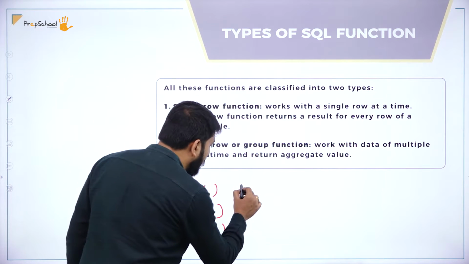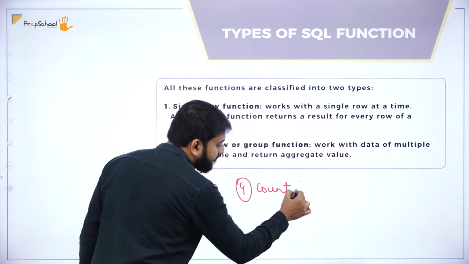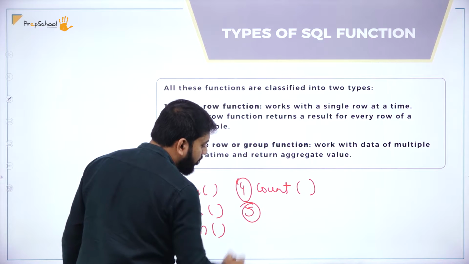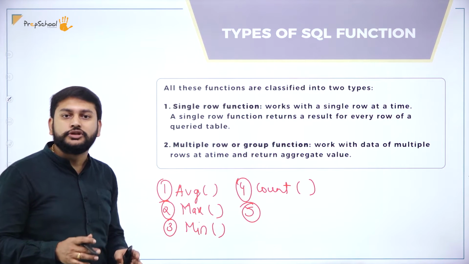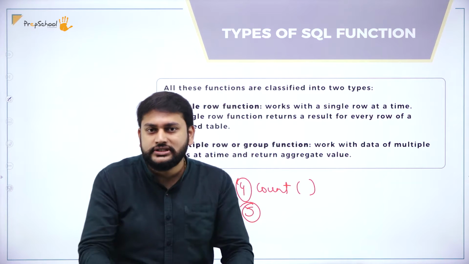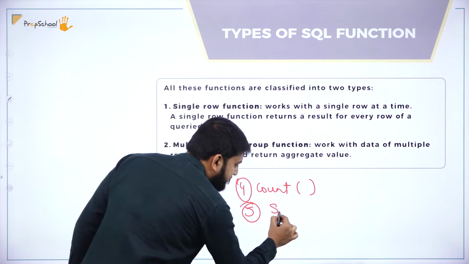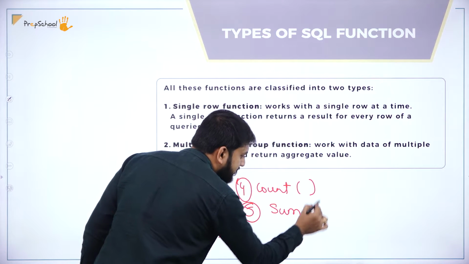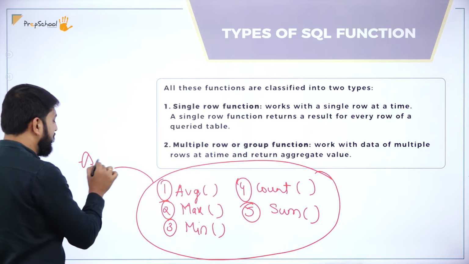And if you want to count the number of rows, you will be using count. And if you want to check the total amount or sum of the values, like if you have values inside the column and you want to total them, you will be using sum. Please remember this. This is very, very important with respect to aggregate functions.